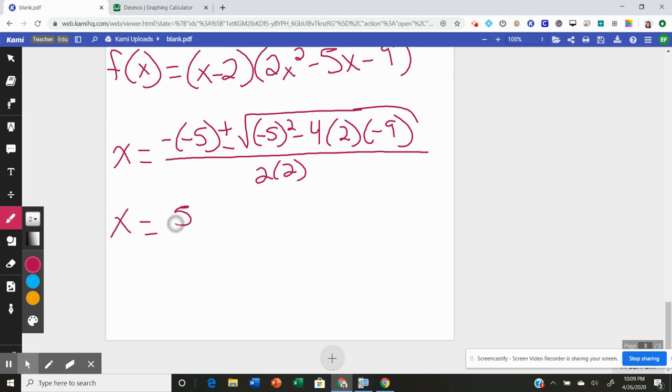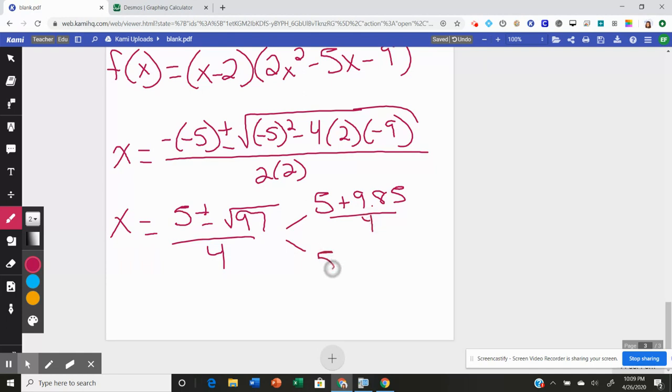It looks like we get a positive 5 plus or minus, and if I simplify inside the radical here, I'm going to get the square root of 97, divided by 4. The square root of 97 is going to give me approximately 9.85. So 5 plus 9.85 over 4, and then 5 minus 9.85 over 4.